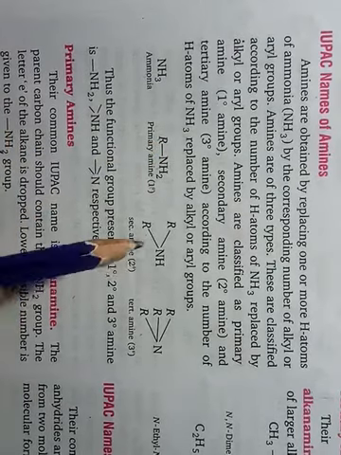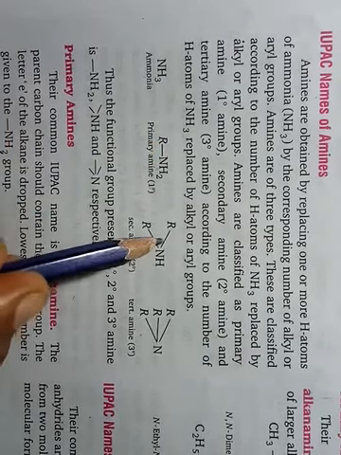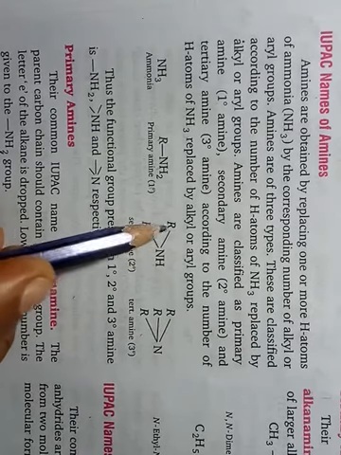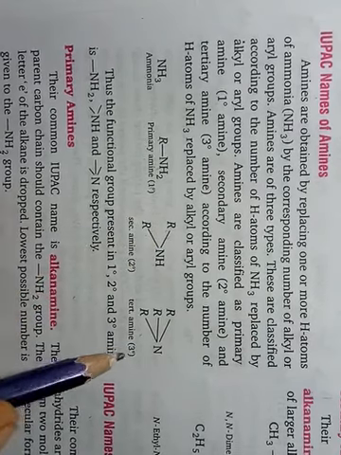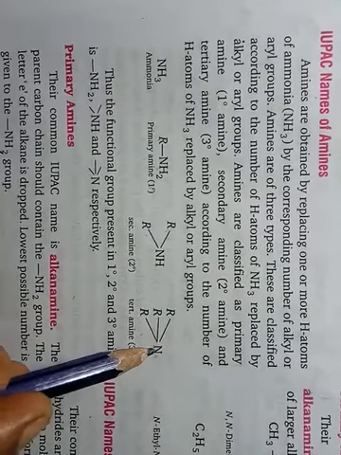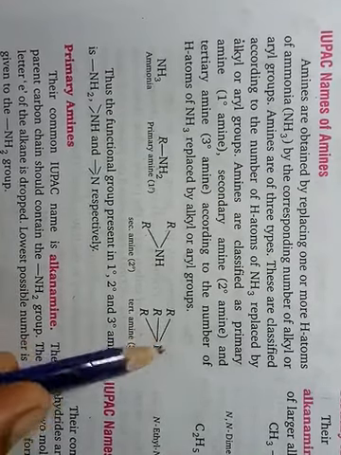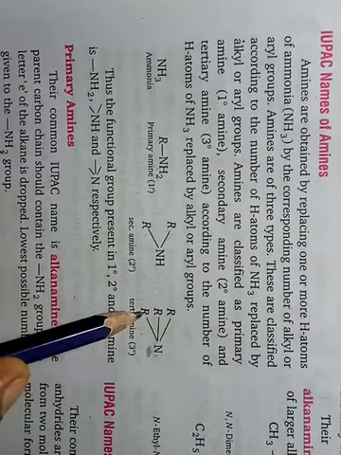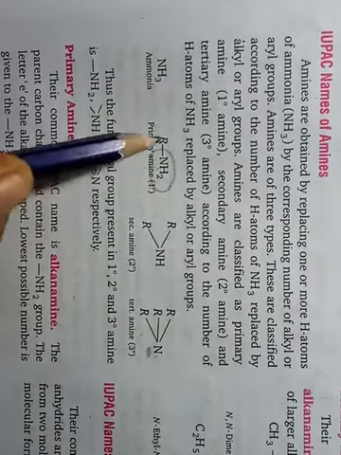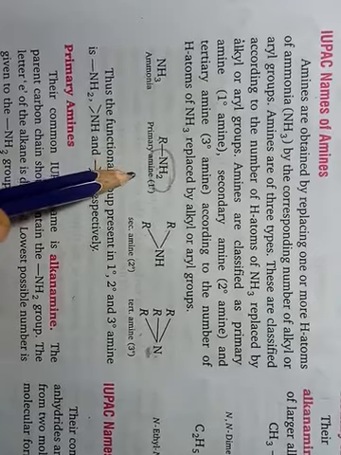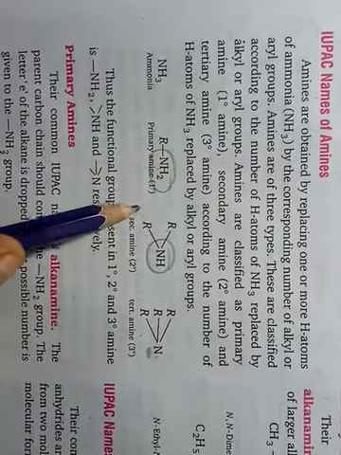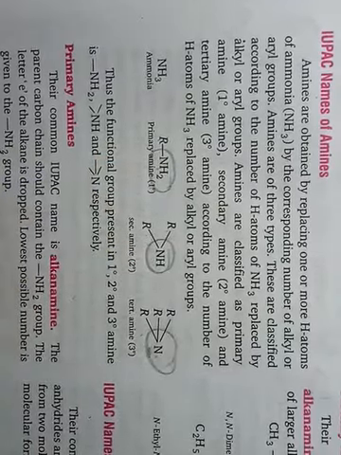In secondary amines, two valencies of nitrogen are attached to carbon chains. And in tertiary amines, three valencies of nitrogen are attached to three chains. So in primary amines, NH2 will be present as the functional group. In secondary amines, NH will be present, and in tertiary amines, N will be present.